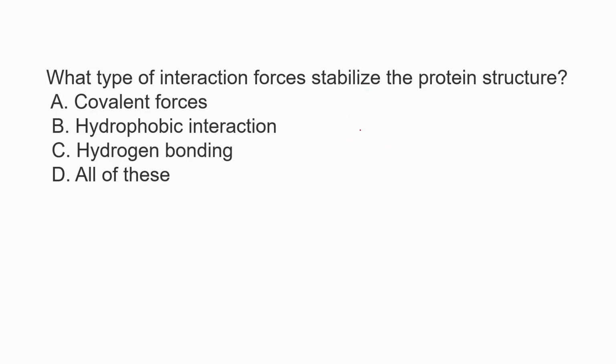So the protein structure is basically formed by individual amino acids, which have an R group, a carboxylic group, and an amine group.